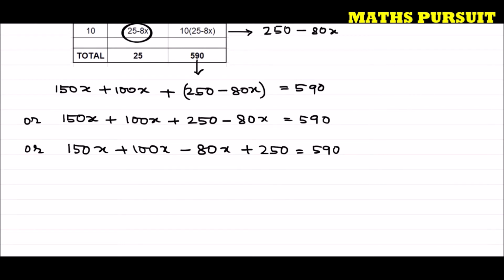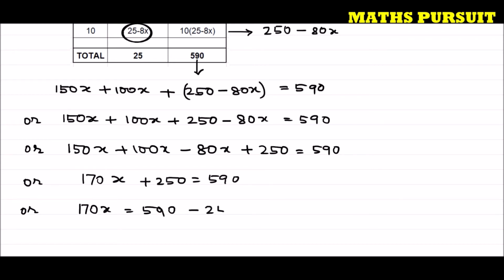Or I can write 170x. How? 150x plus 100x is 250x, and 250x minus 80x is 170x, plus 250 is equal to 590. Or I can write 170x is equal to 590 minus 250.